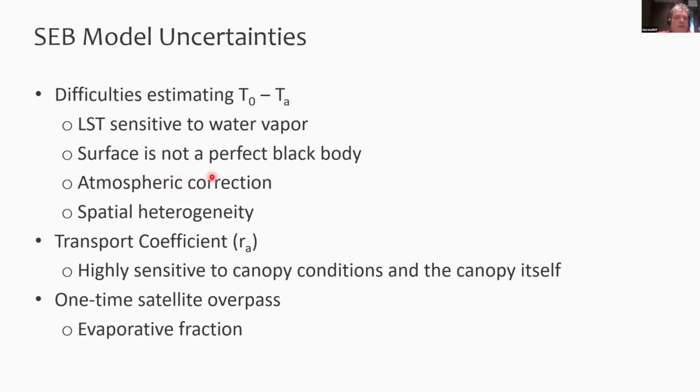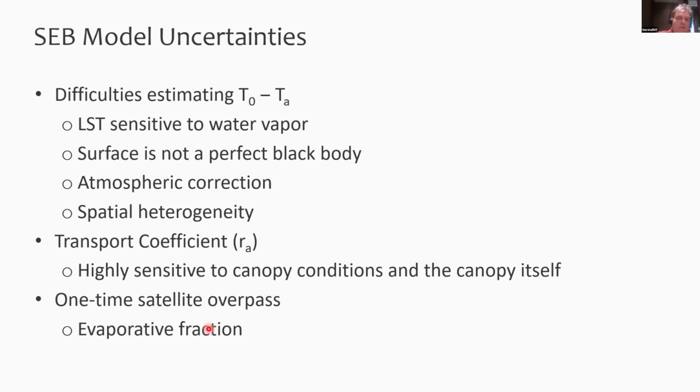Atmospheric correction also is needed and is not perfect. And so, but I would say probably the biggest problem is with this transport coefficient for the atmosphere, and it's because it's highly sensitive to changes even on a sub-daily time step. Wind, temperature, humidity, you name it.